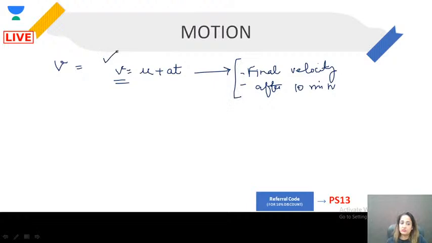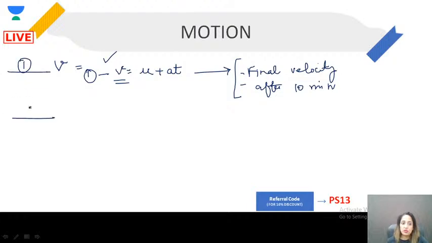Then you will use this formula. If an object was moving with this velocity and someone applied the brakes and the velocity decreased, what is that decreased velocity? Anything related to final velocity, you use V = U + AT.